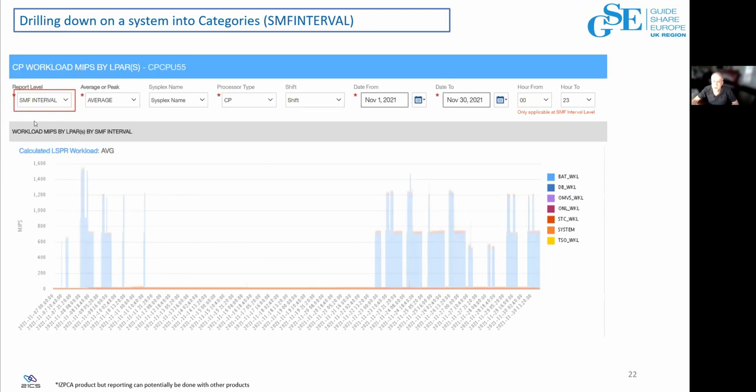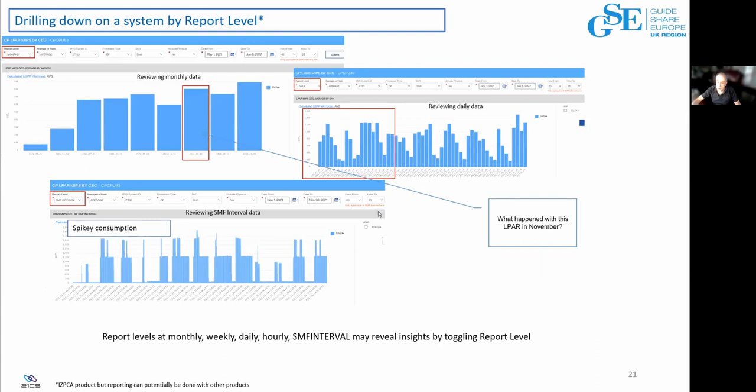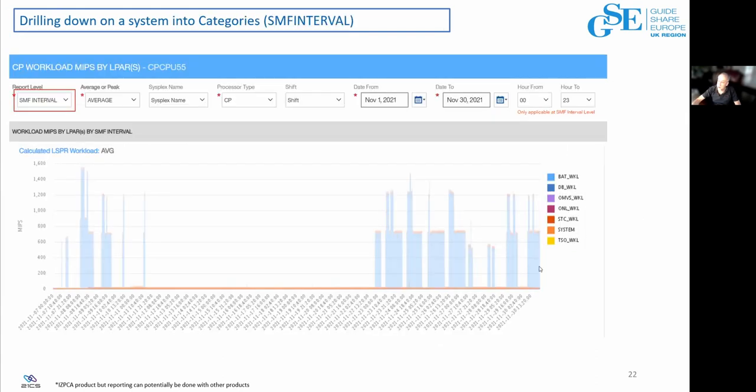Now drill down by system category. In this case, I'm drilling down by these categories and seeing which of these peaks are driving it. In this case, it's batch that's driving this work. The next step is looking at the categories of work running in your system.